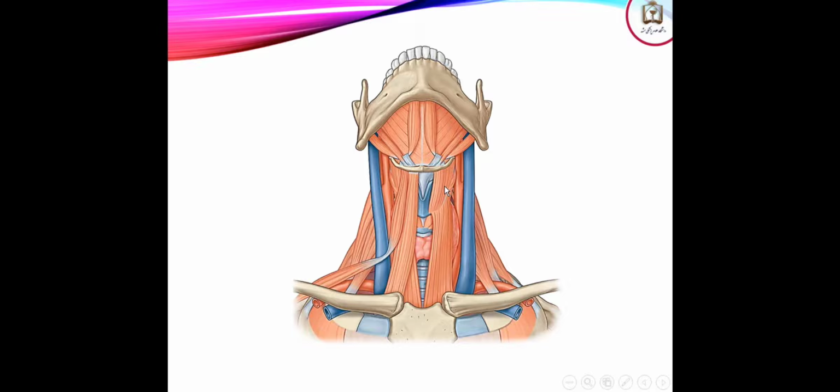Or this muscle between thyroid and hyoid, here is the hyoid bone above the larynx, and this muscle between them is the thyrohyoid. Like sternothyroid, the thyrohyoid is attached to the oblique line.